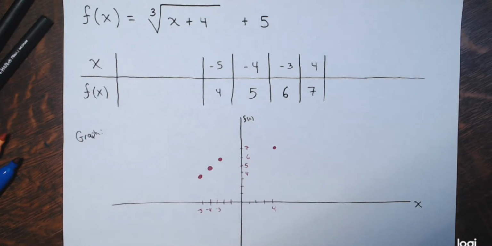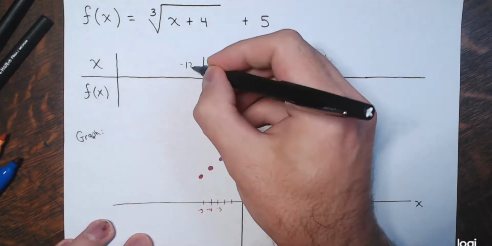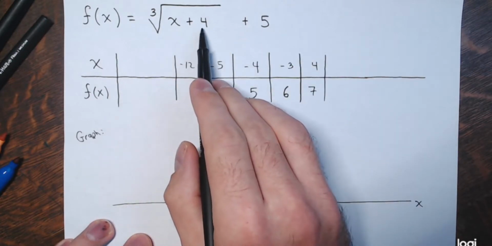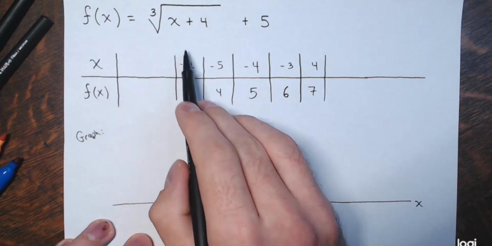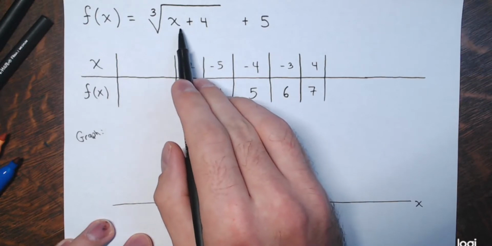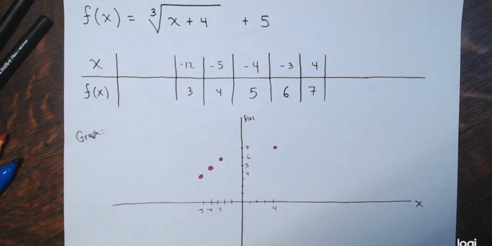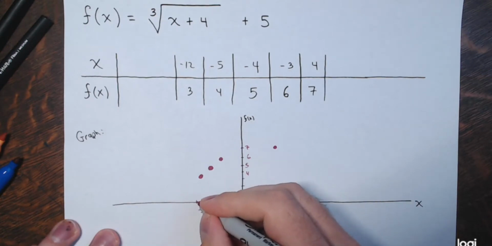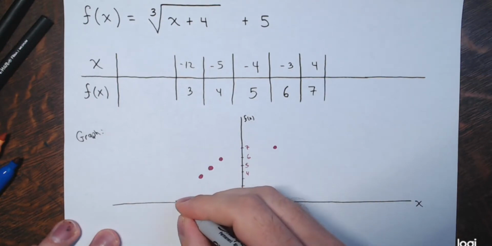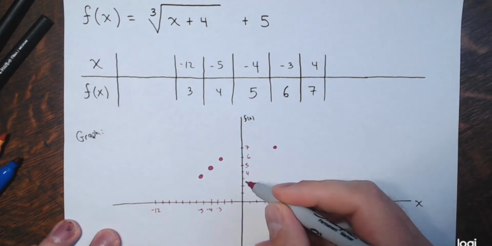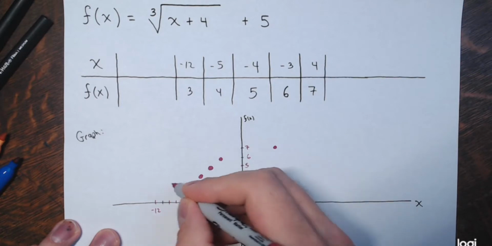-8 would also be good. So if I plug in, say, -12 for x, that'd be the cube root of -8, which is -2, plus 5 is 3. So input -12, output 3.